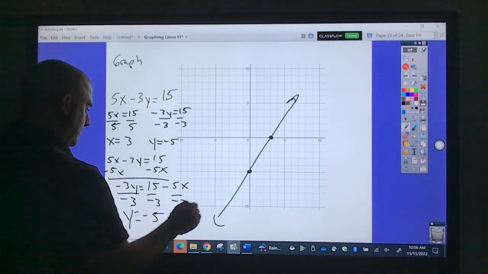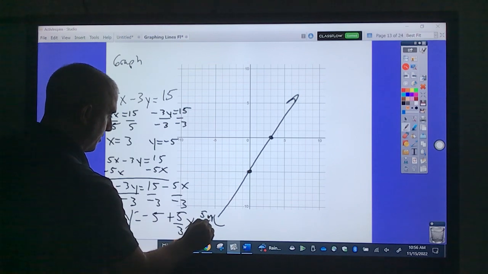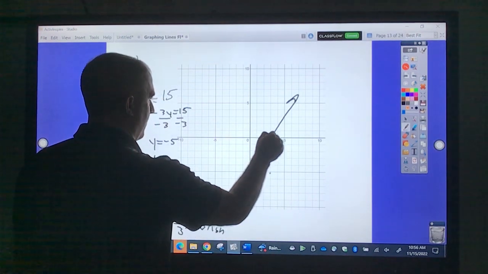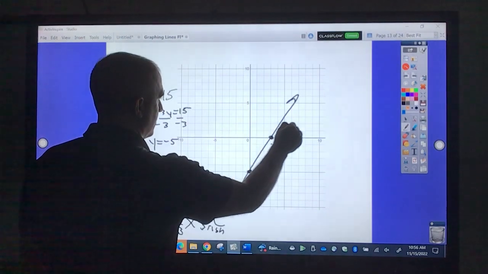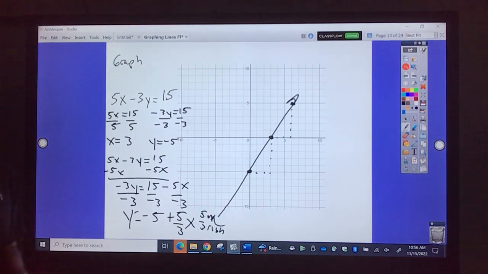So there's my slope, 5/3. What does 5/3 mean? 5 up, 3 right. So 1, 2, 3, 1, 2, 3, 4, 5. Boom. Either way you want to do it is fine.